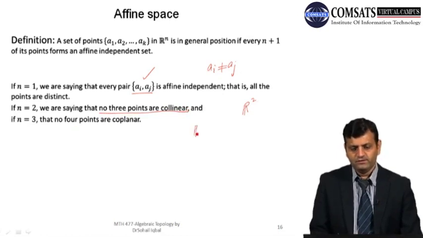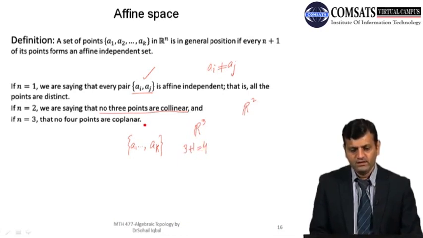Similarly, if you are in R3 and you say that some collection of points, let's say A1 up to Ak, are in general position, then basically no 4 points, so 3 plus 1, 4 points, are coplanar.